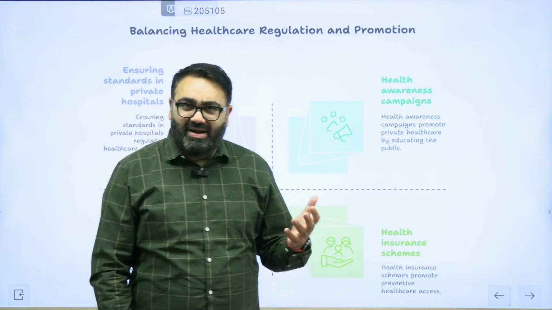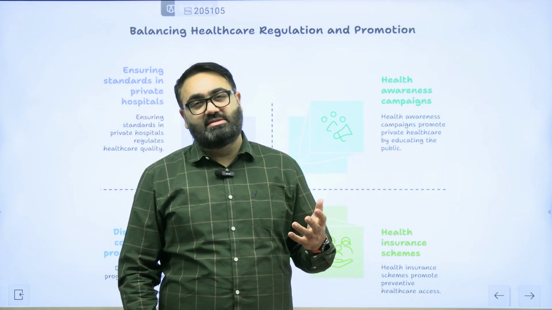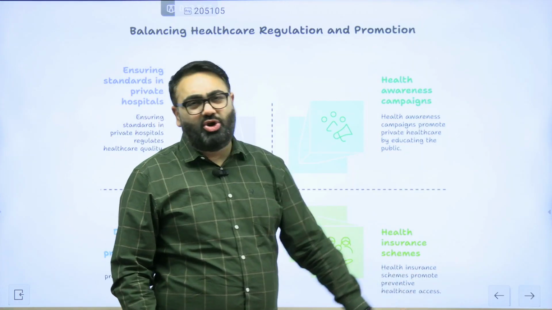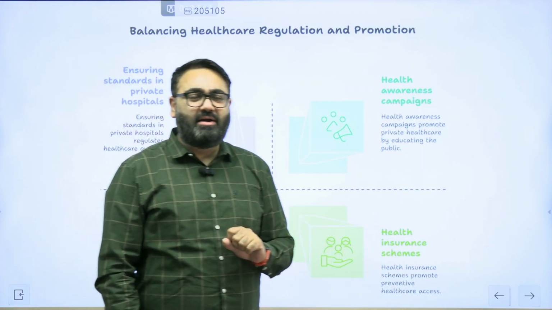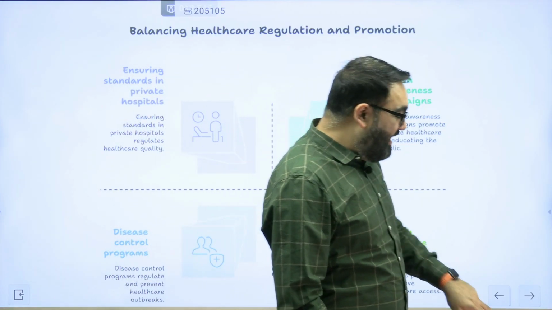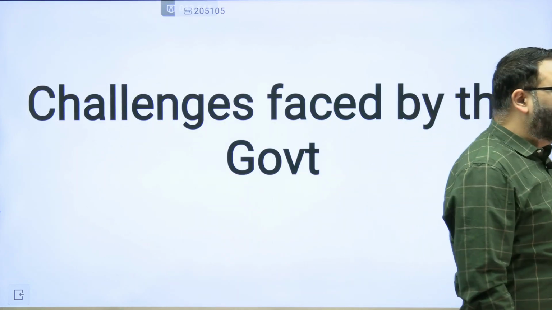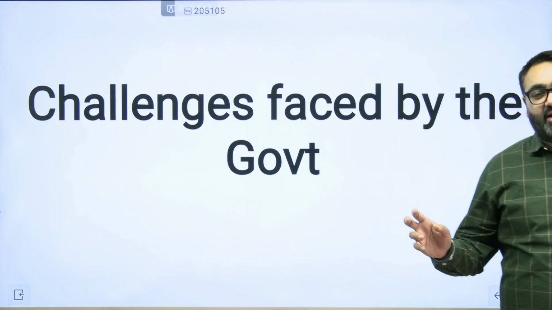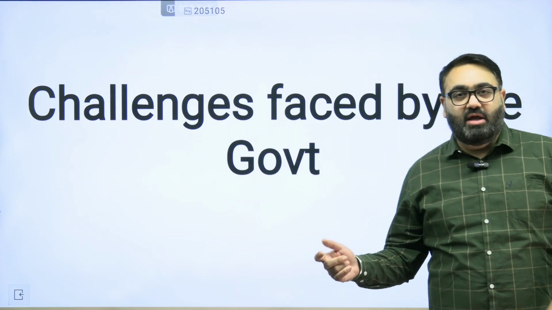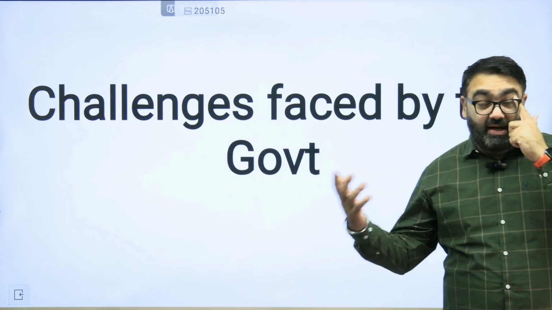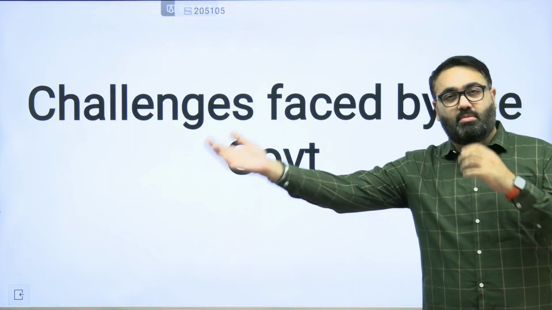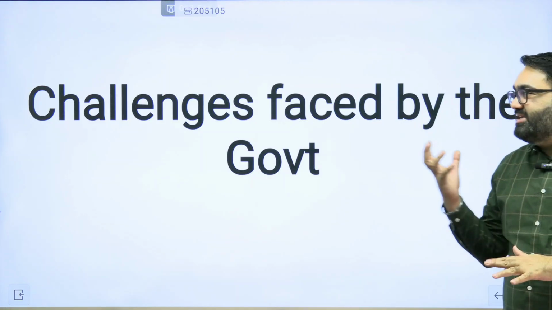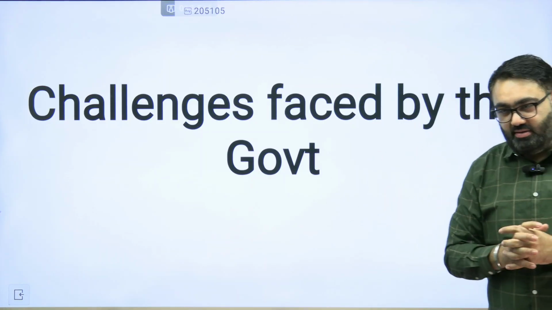All this is the government's effort to raise health awareness. There's also a part of government health insurance schemes, as I told you. Ayushman Bharat is an example of that. Because the government has seen that since most of the people are not taking up private insurance by themselves, the government can't just let them go and basically focus on out-of-pocket expenditure. This is where the government has stepped in and started schemes such as Ayushman Bharat.